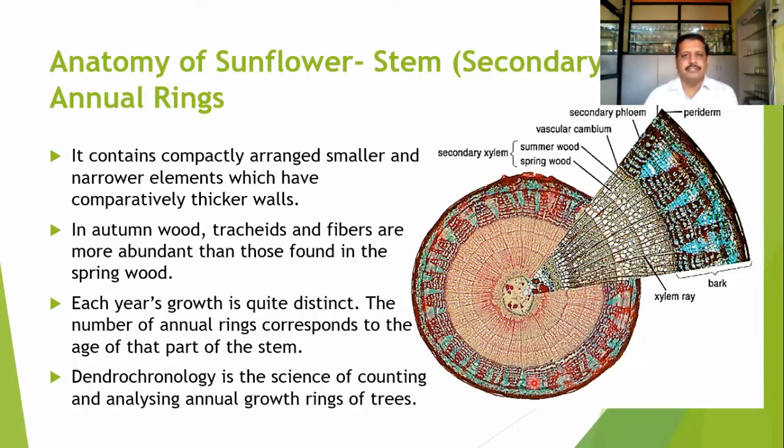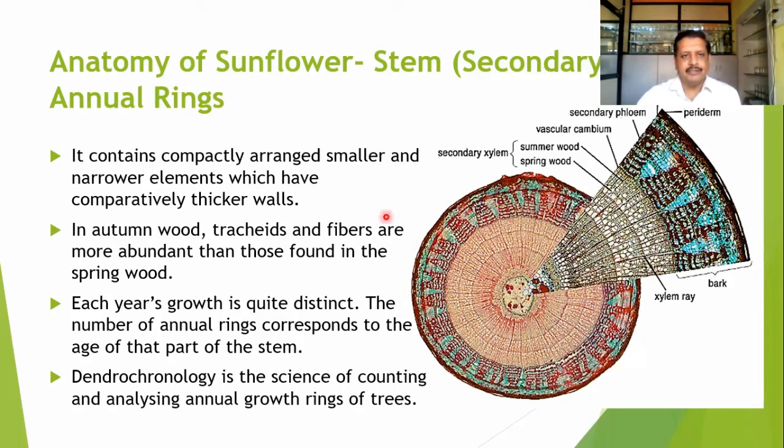Now when these xylem cells are more compact, it gives stronger wood, म्हणजे they are developing the autumn wood now.